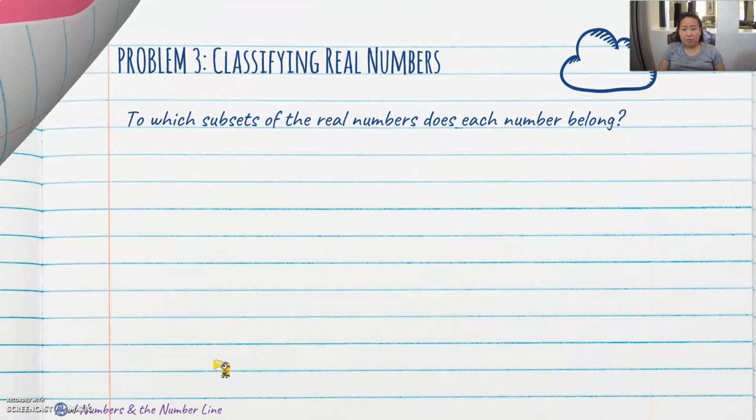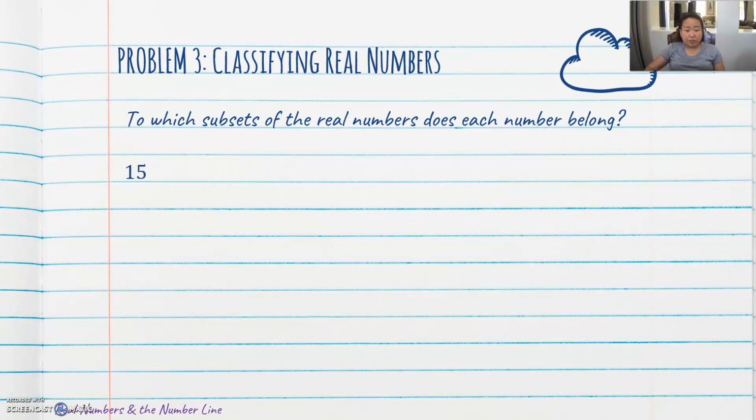So let's go to our examples here. What I need you to do here is to identify which subset of real numbers they belong to. So 15. We always start with the smallest group. Our smallest group is counting numbers or natural numbers. Is 15 natural? Yes, it is. Is it a whole number? Yes, it is.